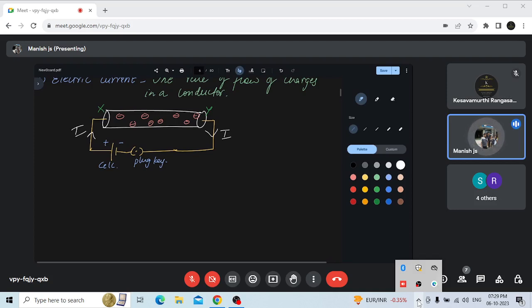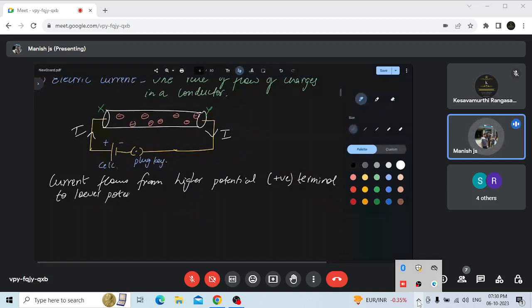Current flows always, I'll write here for your understanding. So current flows from where to where? Current flows from higher potential to lower potential. Higher potential means I'm talking about the positive terminal in this case, to lower potential.